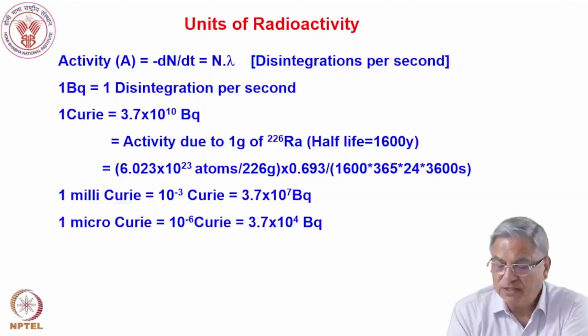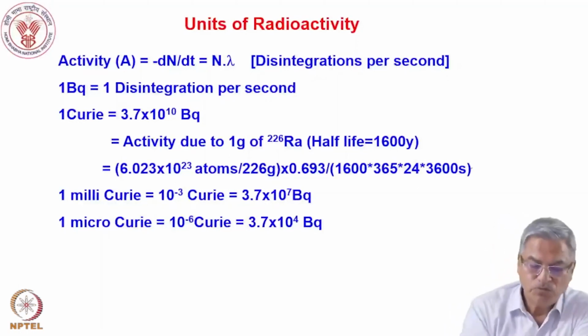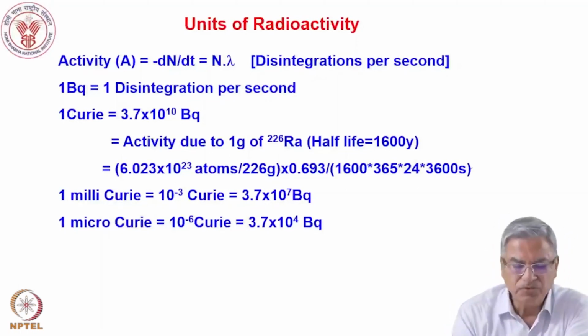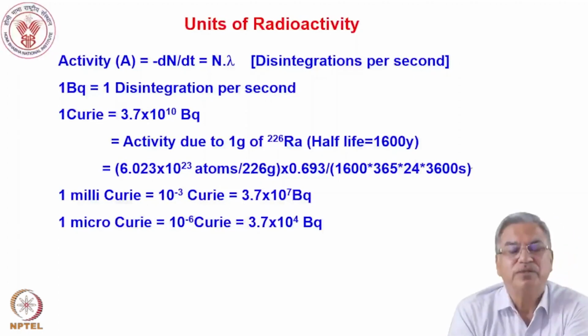So 1600 years into 365 days per year into 24 hours per day into 3600 seconds per hour. So the units get cancelled, and so you have seconds, so you have atoms per second. And if you do the calculation, it will come to 3.7 times 10 power 10 atoms per second or becquerels.